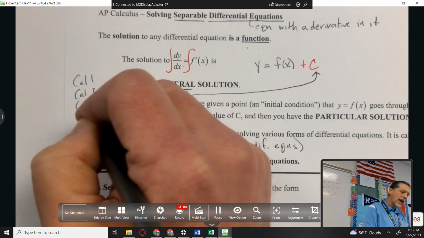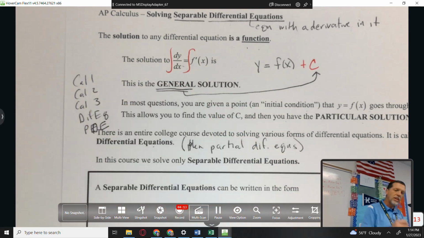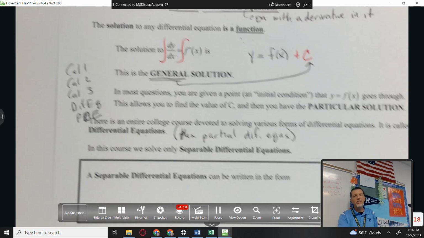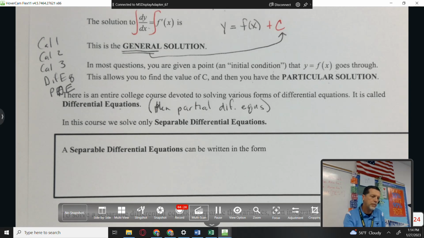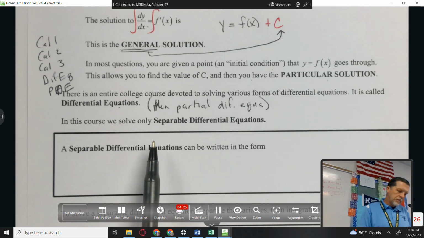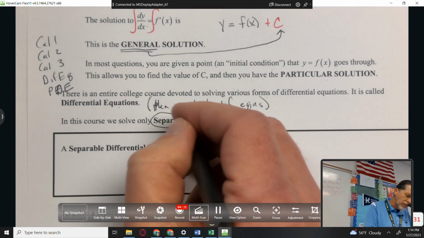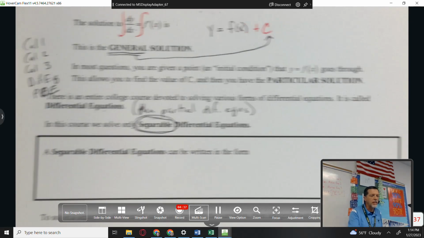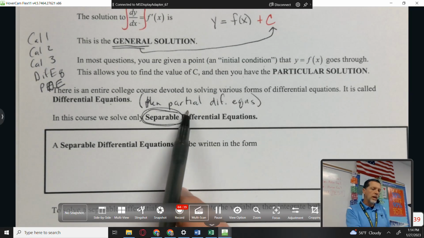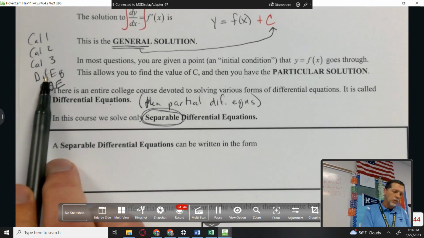After that, you take DifEq, and then PDE, partial differential equations, and that probably completes your math requirements for an engineering degree. In this course, we're only going to solve separable differential equations, because beyond that is kind of crazy. We're only going to solve the easy ones in this course.